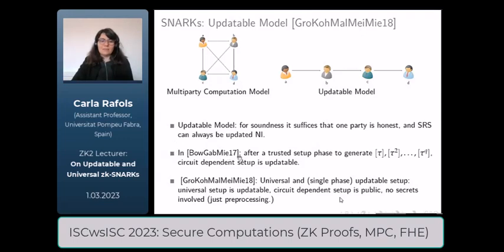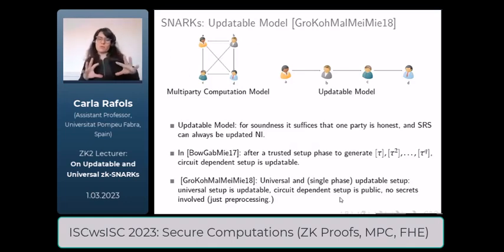For Zcash, Bowe, Gabizon, and Miers in 17 have a paper called Powers of Tau, where they describe a sort of ceremony for a SNARK like the one I described, for this sort of non-universal SNARK. They already did something a bit similar.